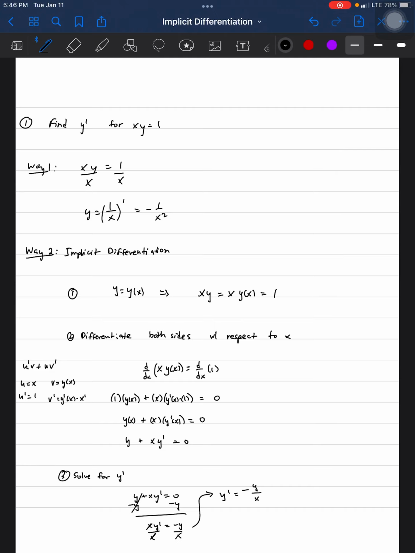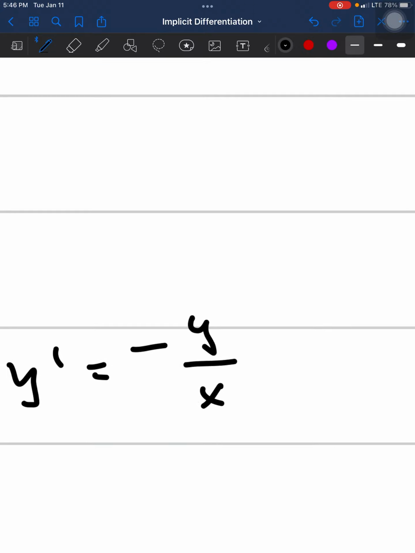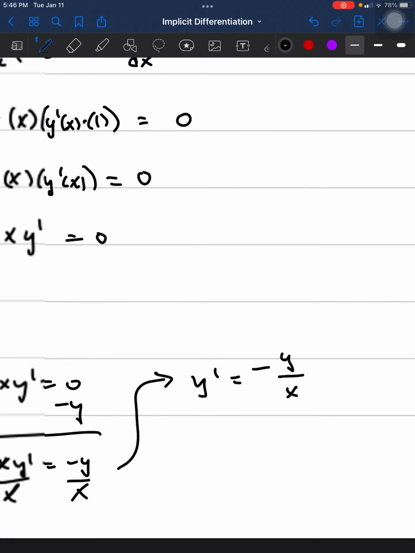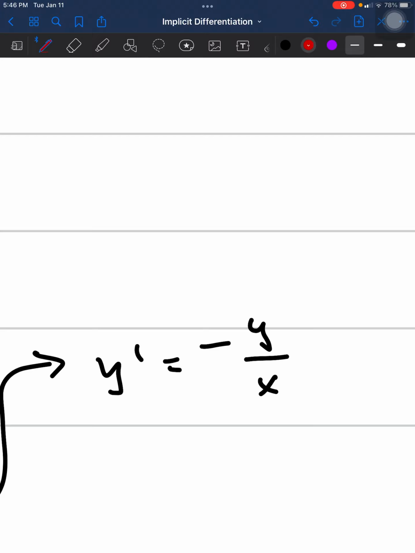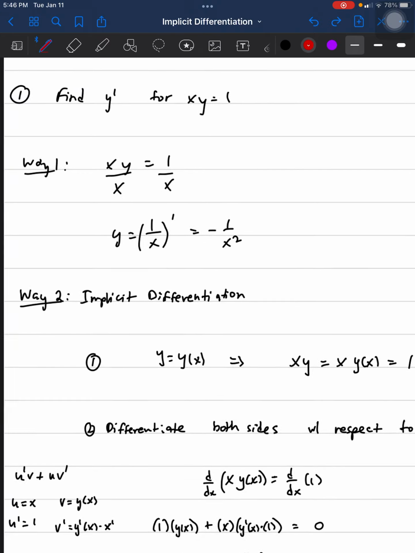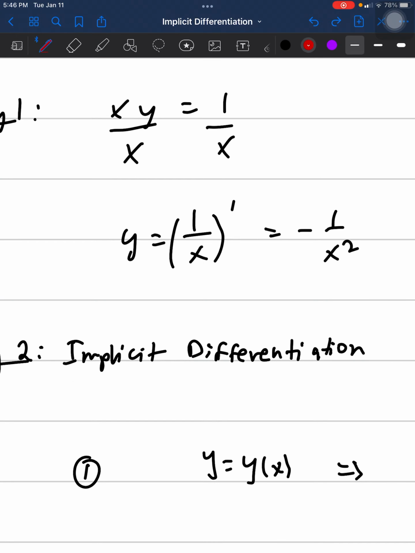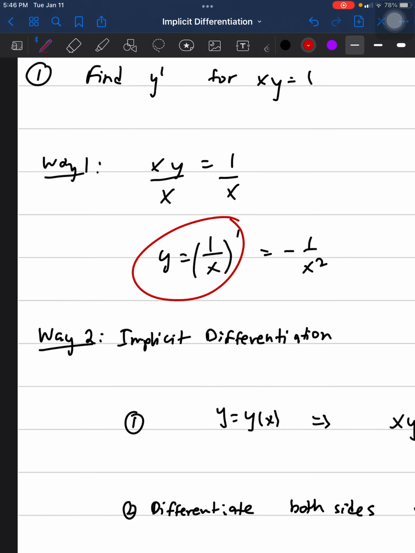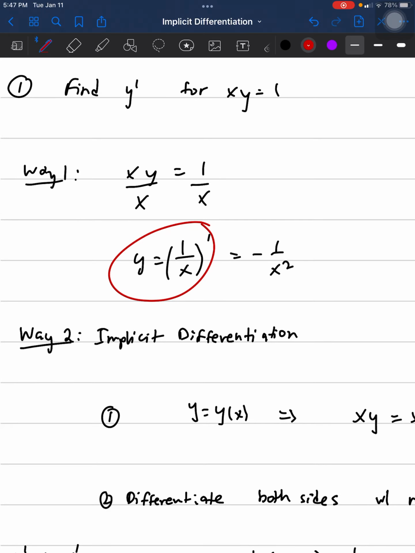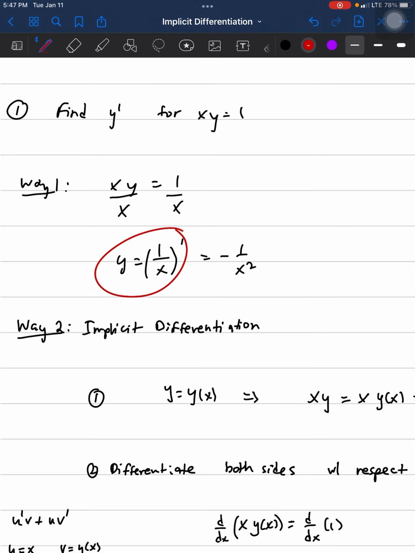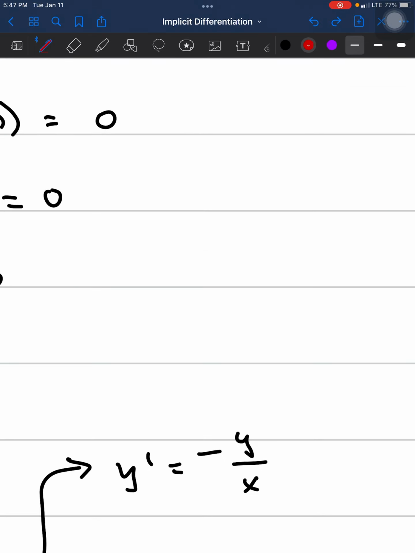Now, it may look like we haven't found the solution yet, but we technically did, since all we have to do is substitute in for the function of y, which is what we started with. We solved it in the first way we found the solution. When we rearranged the original equation to solve for y, we got y equals 1 over x.